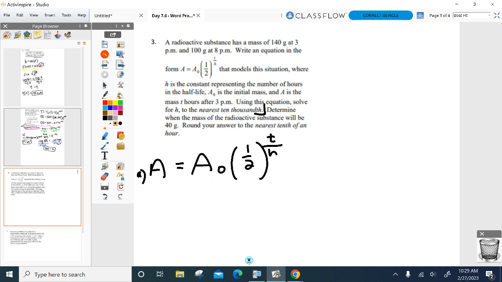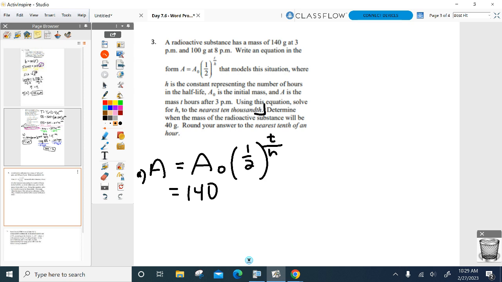So in part A, help me solve for h. Anybody confident in what to plug into any of those variables right now? I think probably you should be pretty confident in the initial mass, A0. What's our A0 number? 140, right? And then what's our A value on the left there?